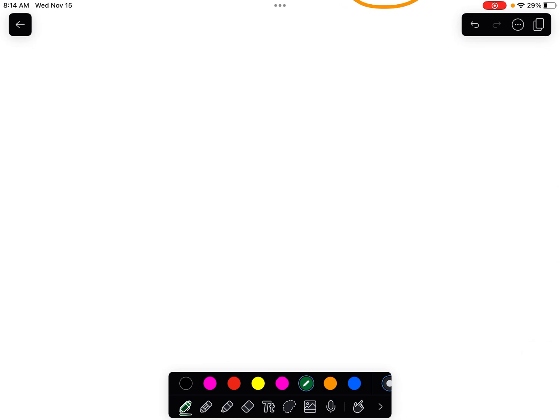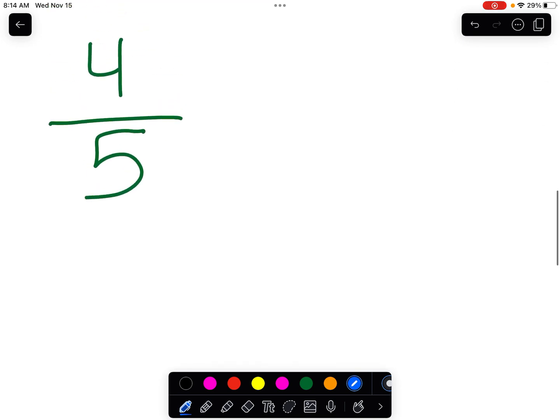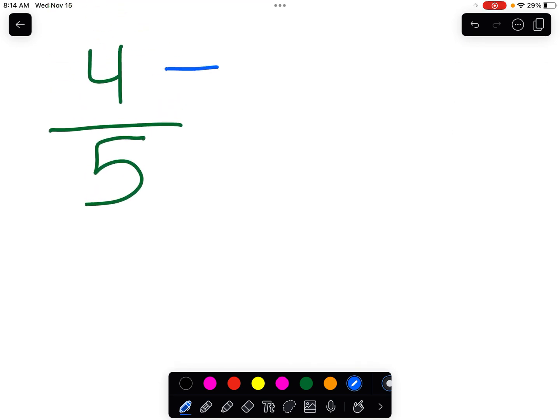Let's do one that doesn't get reduced more: 4/5. First, we're going to write out all the factors. For 4, the factors are 1 and 4, because 1 multiplied by any whole number is itself.